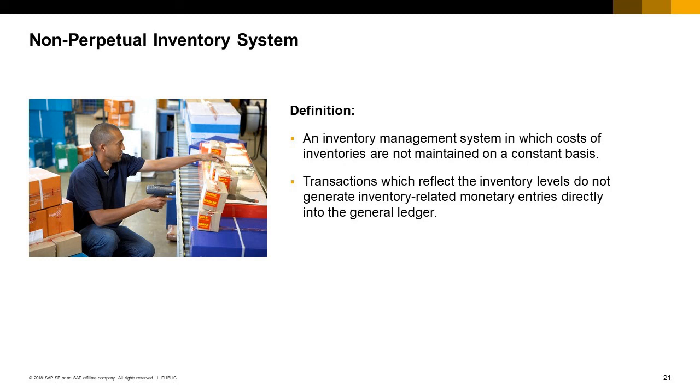Therefore, the inventory value of a company is not revalued on every inventory release or receipt. Instead, the inventory account balance is updated by manual journal entry once in every accounting period or after a physical inventory count. The inventory value can be calculated using the Inventory Valuation Report.